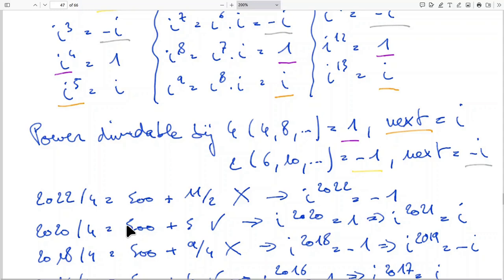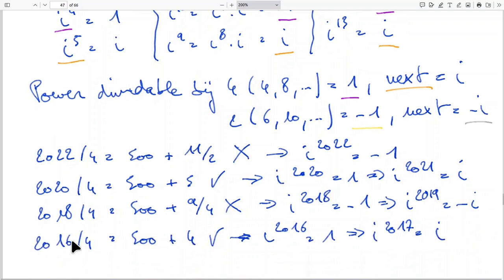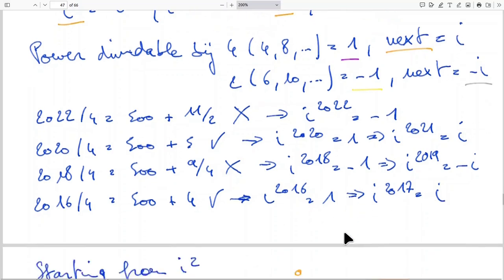2020 is obviously divisible by 4, so i to the power 2020 will be 1, and the next, i to the 2021, will be i. 2018 is not divisible by 4, so that will be minus 1, and the next one, i to the 2019, is minus i. 2016 is obviously divisible by 4, so i to the power 2016 will be 1, and the next one, 2017, will be i.